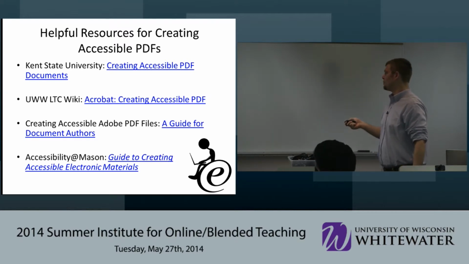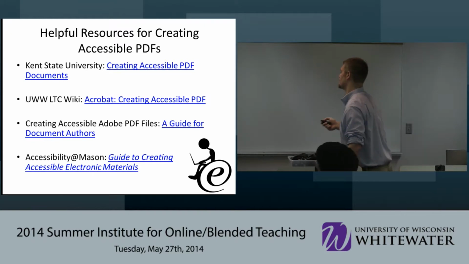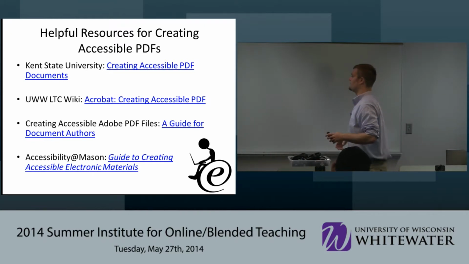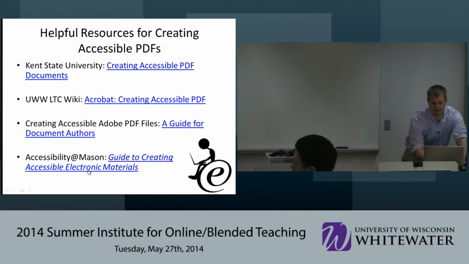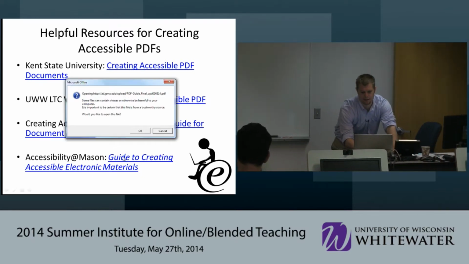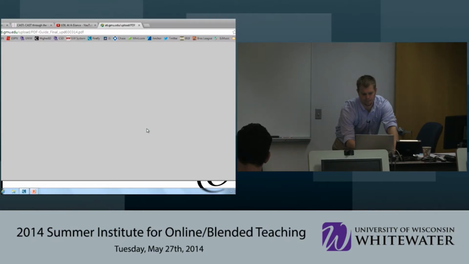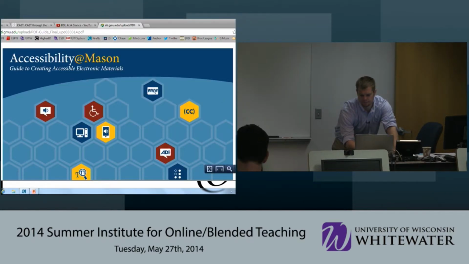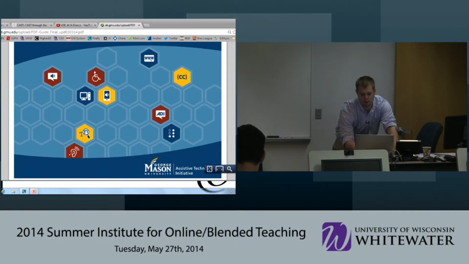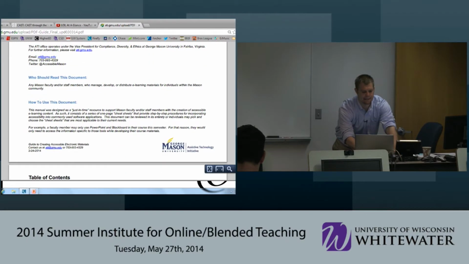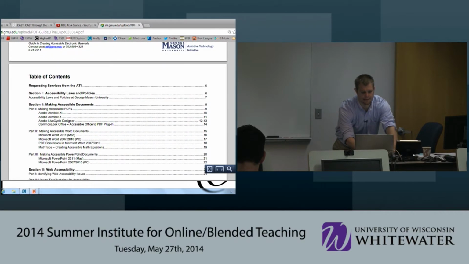Here's one from Adobe. The third one is all from Adobe. And this last one, accessibility at Mason, they have a whole accessibility center on campus for their instructors. And they have this wonderful PDF. It's a really, really long document. But they go through all different types of docs, Word docs, PowerPoints, PDFs, and how to create them accessible.